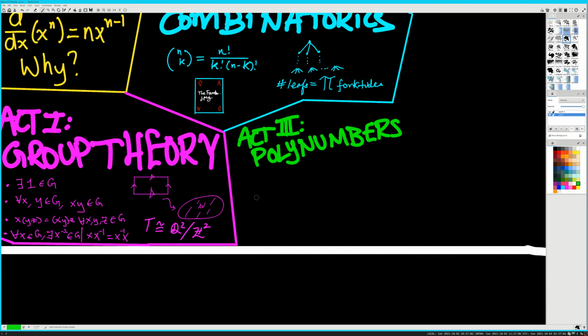And then I'm just going to write something really simple here. Alpha equals 0, 1. Beta is equal to 0, 1. Alpha plus beta is equal to 0, 1, 1.